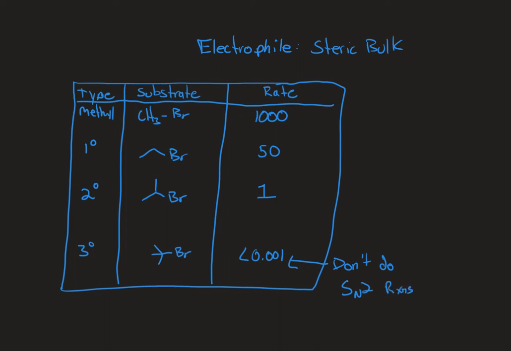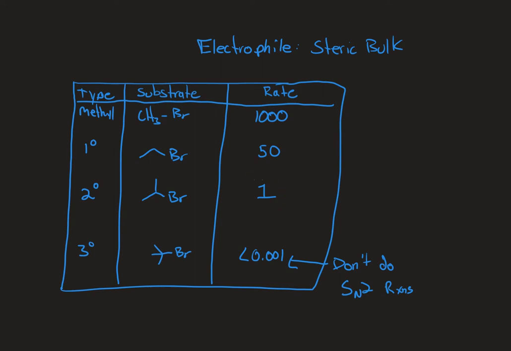Methyl, primary, and secondary do have access to SN2 reactions, with methyl being the fastest. Secondary is pretty slow, but can happen.